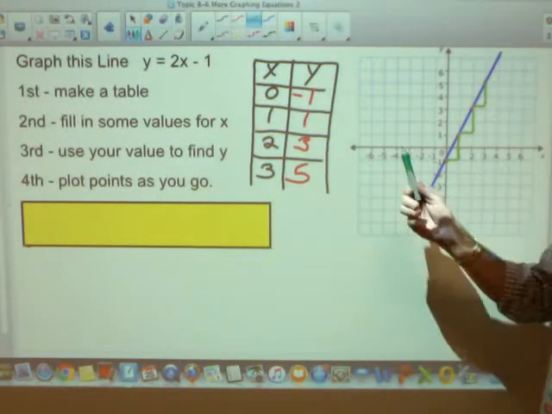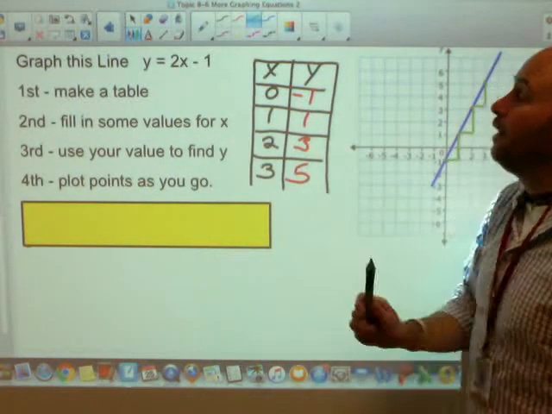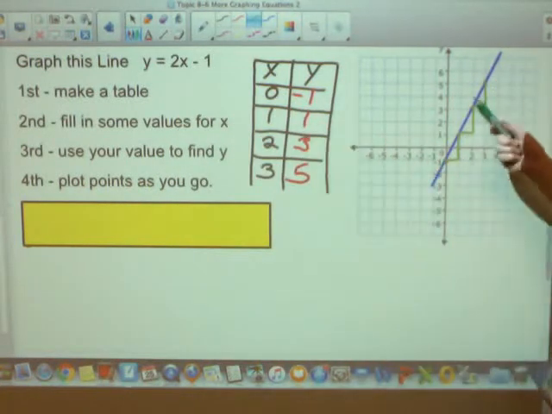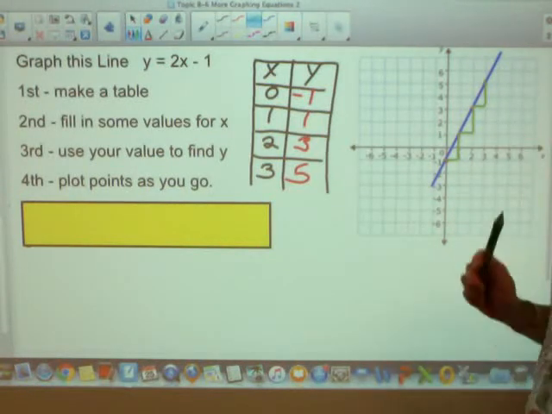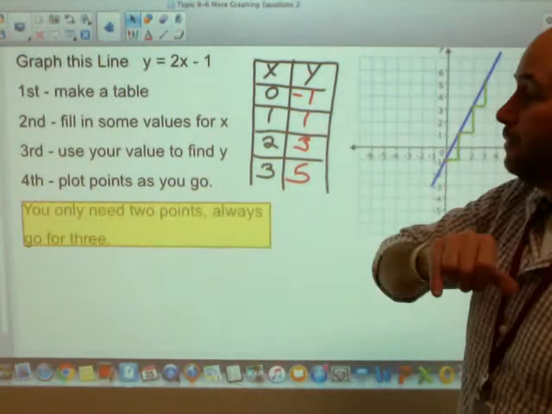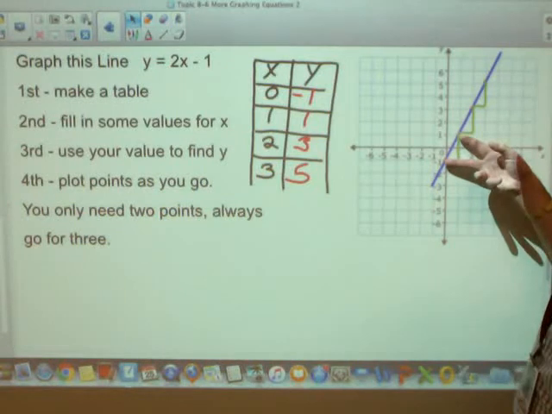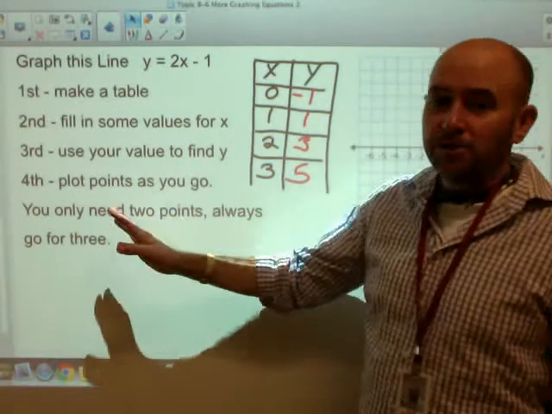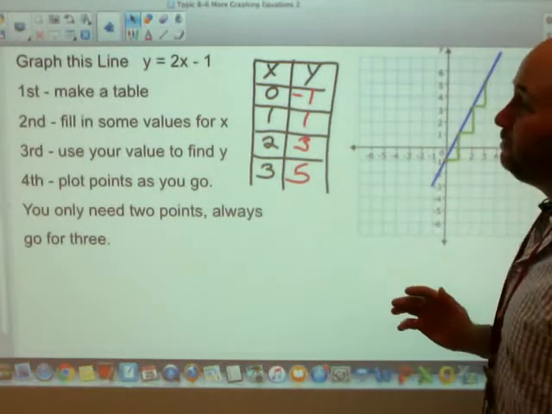And so when you graph this equation, you can see what the results are. This is a linear equation, and it would go on and on, okay? You only need 2 points to establish a line, but remember, always go for 3, even 4 sometimes, all right?